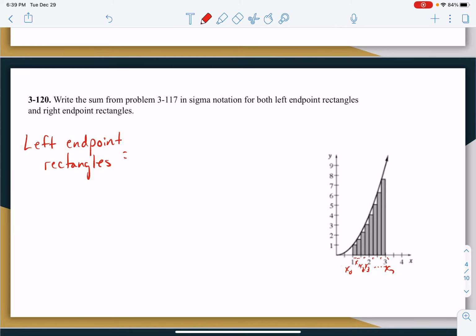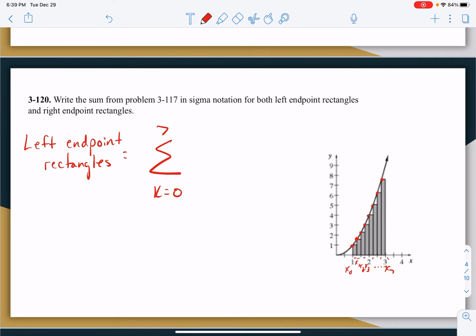So my left endpoints are at 0, 1, 2, 3, 4, 5, 6, 7. So k is going to go from 0 to 7.